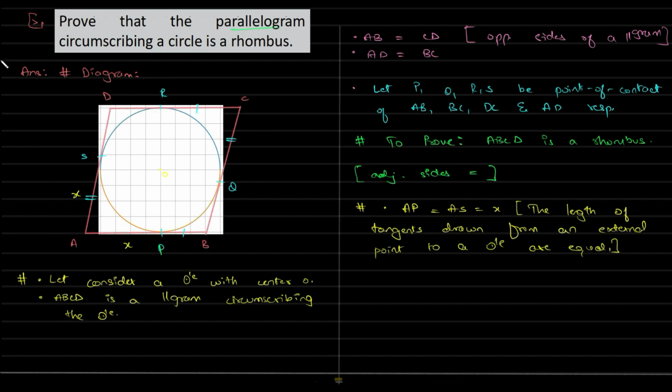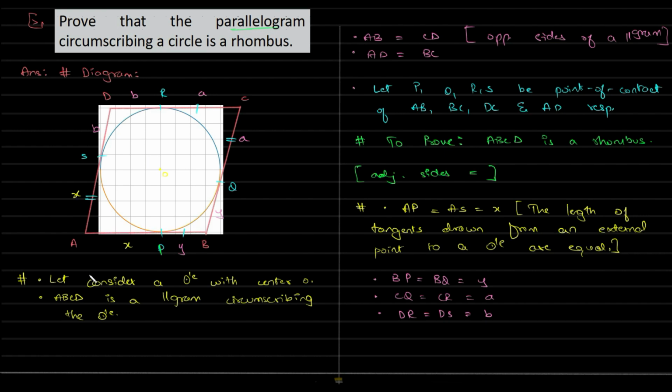Next, PB is equal to BQ, which we'll call Y. CQ is equal to CR, which we'll call A. DR is equal to DS, which we'll call B. For the same reason as above, you need not mention it again.